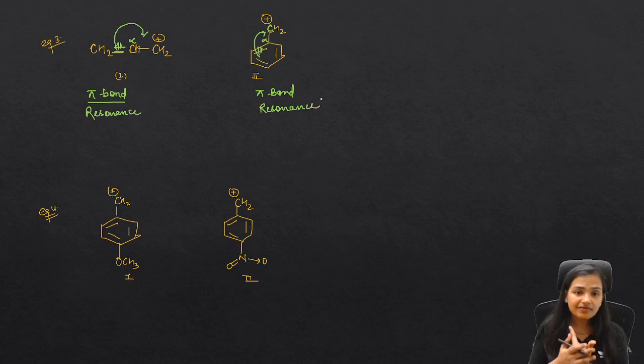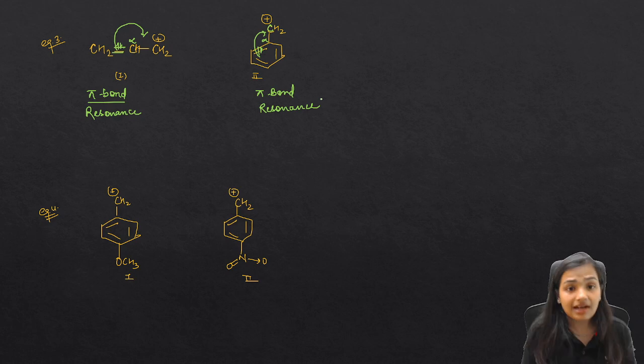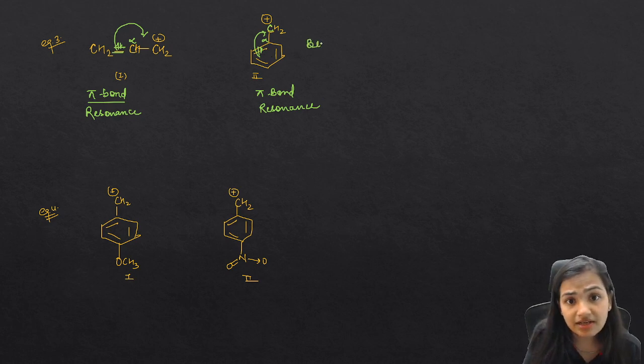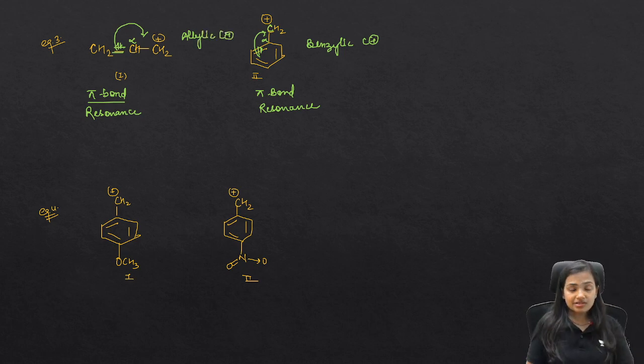Now how to identify which is more stable? Resonance is resonance. Then guys, you need to understand that this is a benzenoid ring, and this is a benzylic carbocation. This is a benzylic carbocation having a benzene ring, and this is an allylic carbocation. They both stabilize by resonance, but there is a difference.